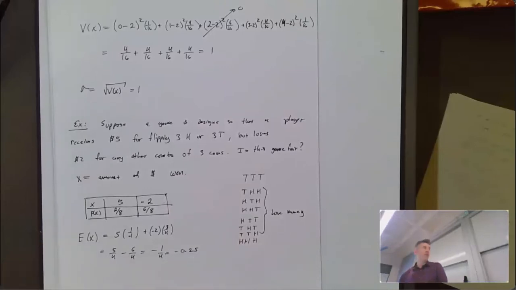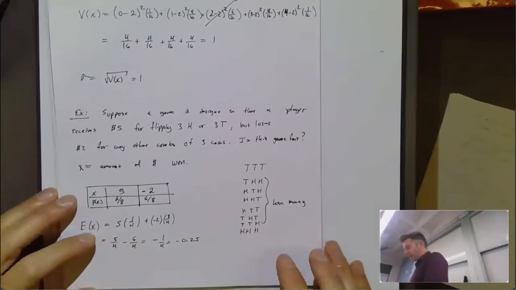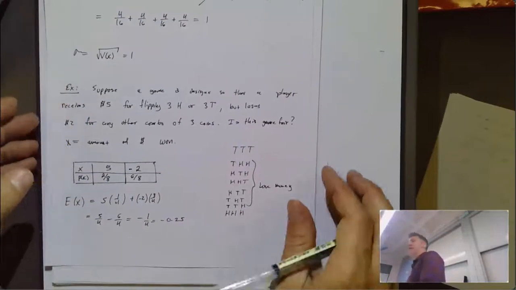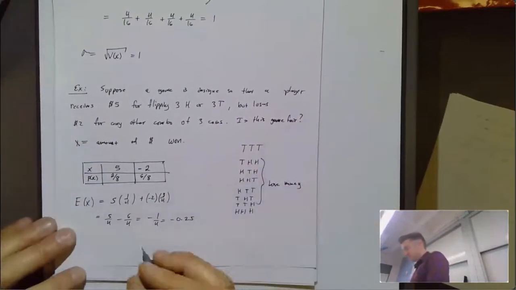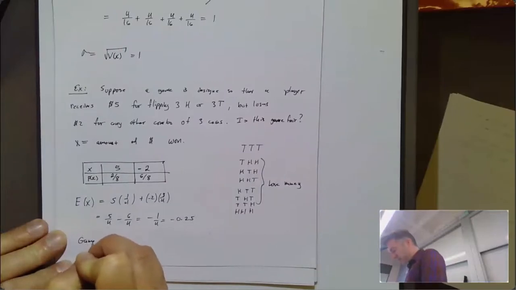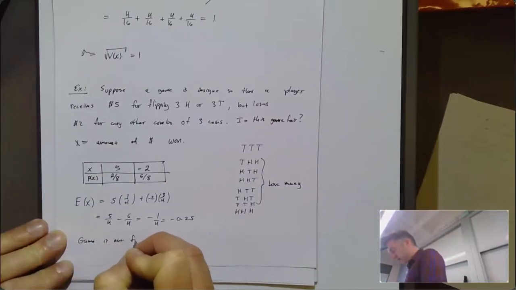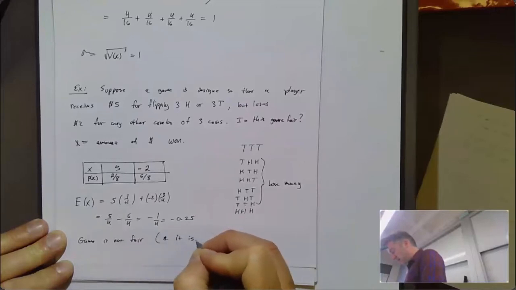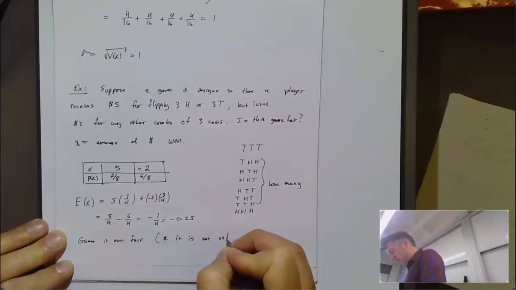So I expect to win -25 cents. That means I expect to lose 25 cents. So the game is not fair. And more importantly, it's not unfair in my favor.